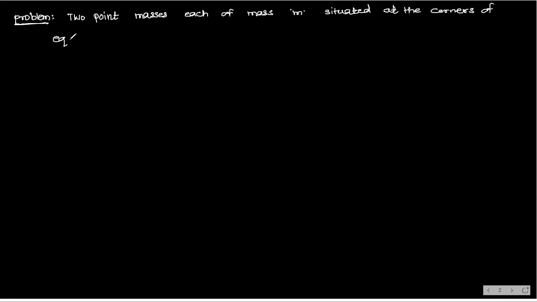So see here, two point masses, each of mass small m, situated at the corners of an equilateral triangle of side A. Find the net gravitational field intensity.